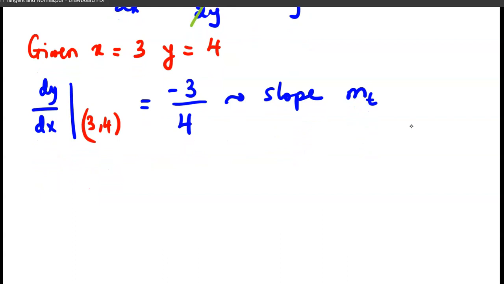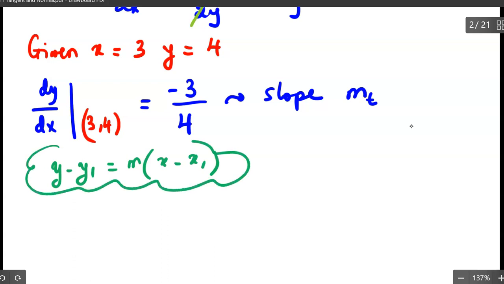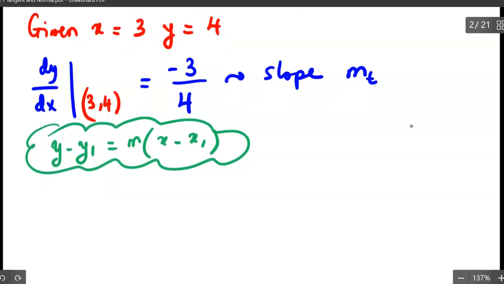Now using the point slope form, that means I will use y minus y1 equal to m of x minus x1. So this is the equation that we need to remember for ourselves. This is the point slope form of the equation.